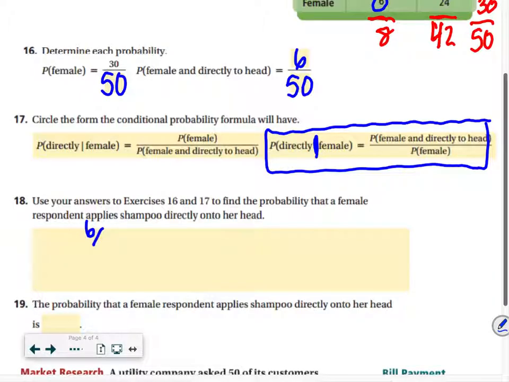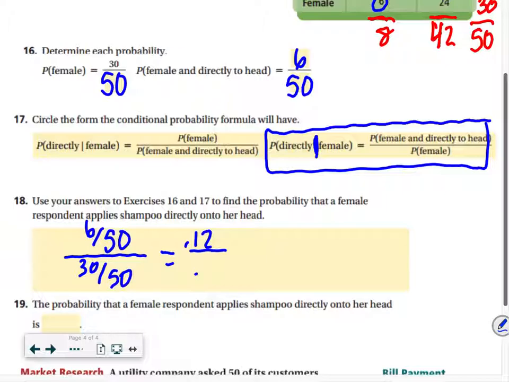And I have to divide that by the probability of it being female, which is 30/50. I want to just put them in decimals. What's 6 divided by 50? 0.12. And what is 30 divided by 50? 0.6.